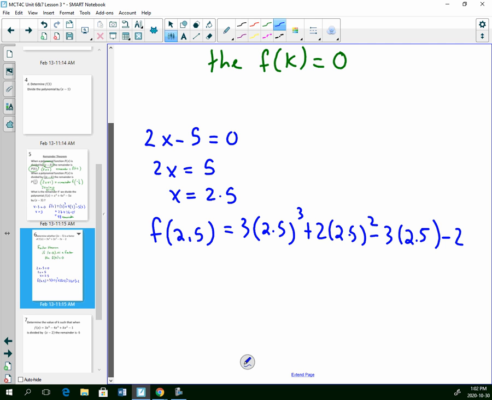Power 3 times 3. So I'm just going to type it into my calculator. And then let's add it up.